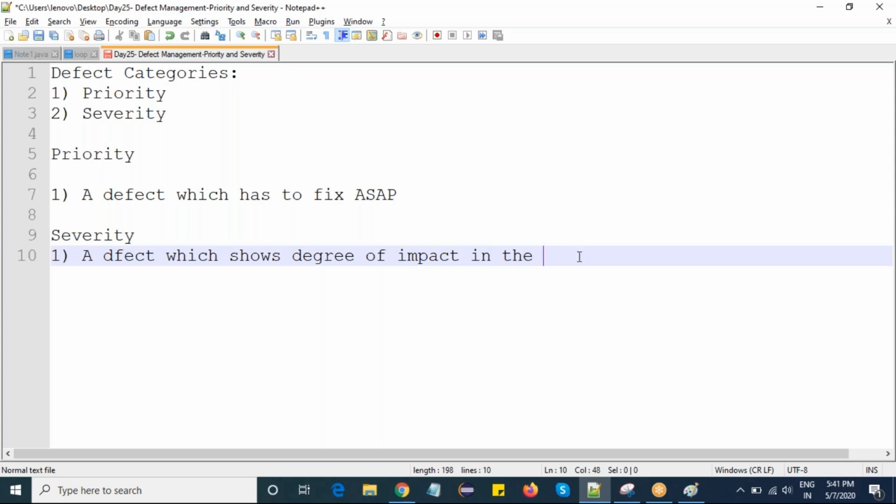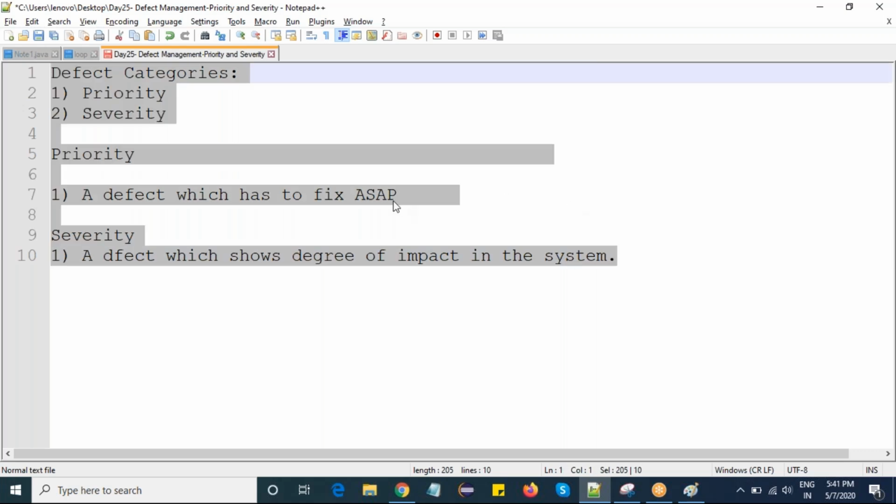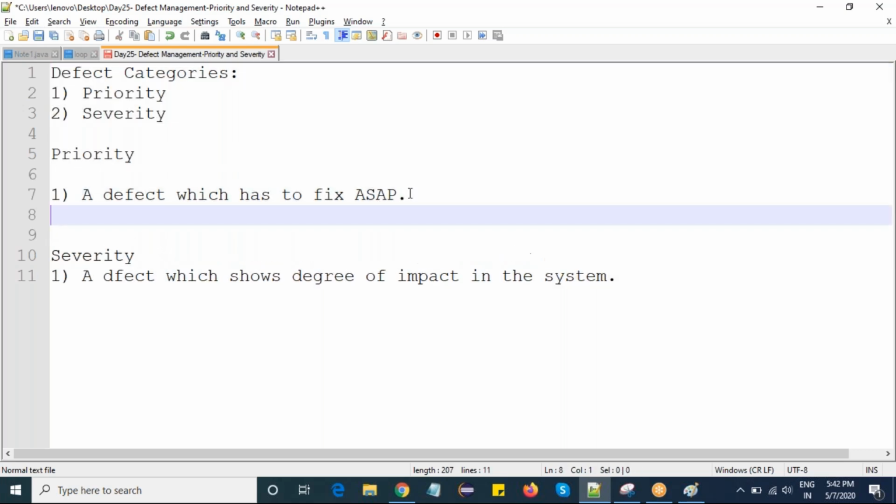We'll call it severity. See here, first we'll go to the second point of priority.